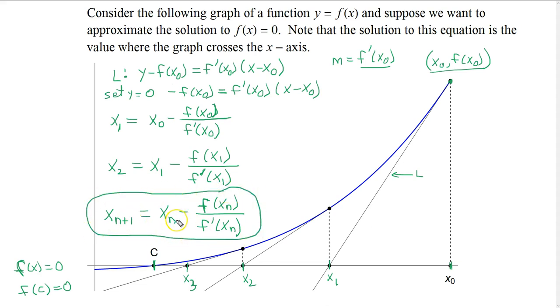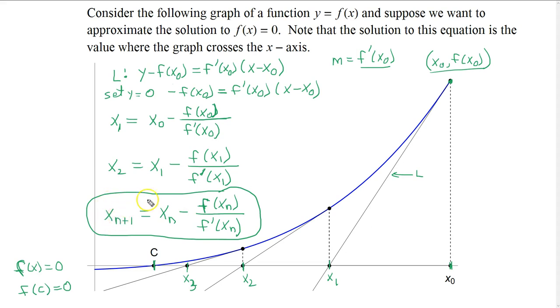So Newton's method is what we call an iterative method. Notice that we start out with x0. We put it in here for the xn's right here, and that gives us back x1, so we get a number back. Then we take that number and we put it back into the right-hand side. So we put x1 back in here for all these xn's, and we get back x2.